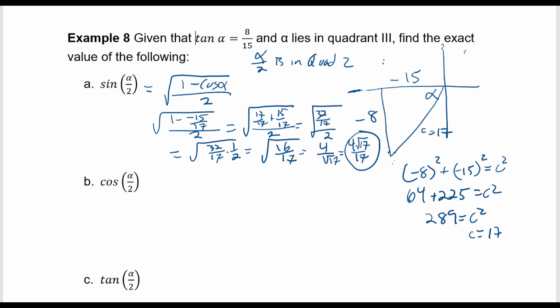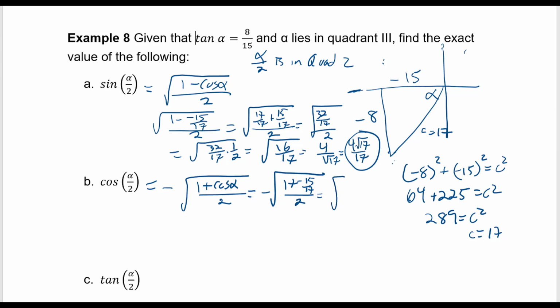Let's look at cosine. Now, cosine of alpha over 2 is, we're talking the second quadrant, so cosine will be negative. So we'll go with this being the negative of the square root of 1 plus cosine of alpha over 2. We already know what cosine of alpha is. So it's negative square root of 1 plus negative 15 over 17 over 2.